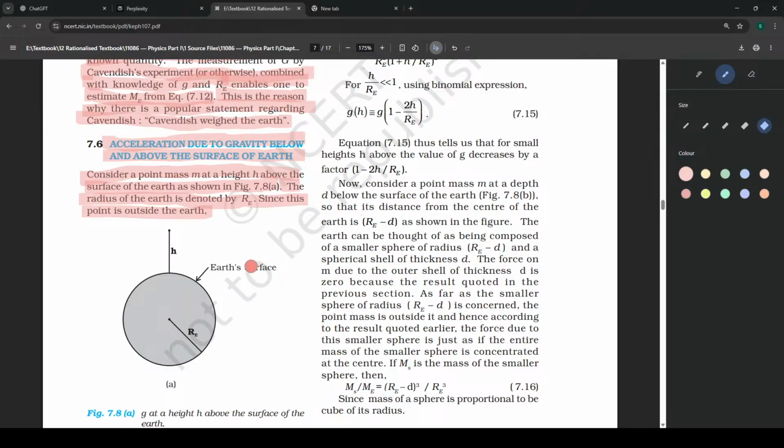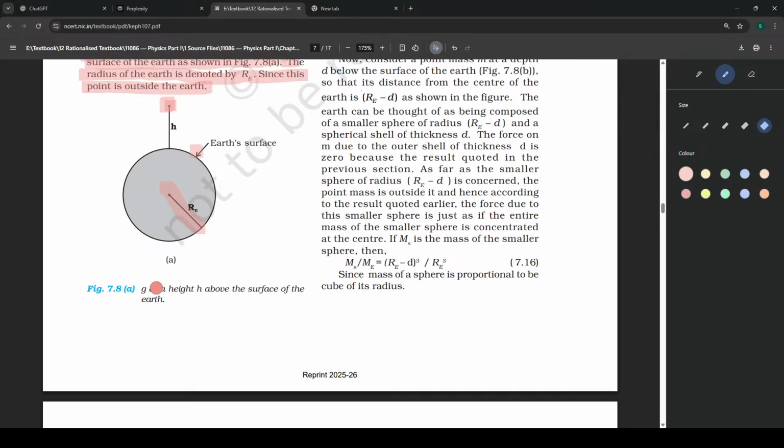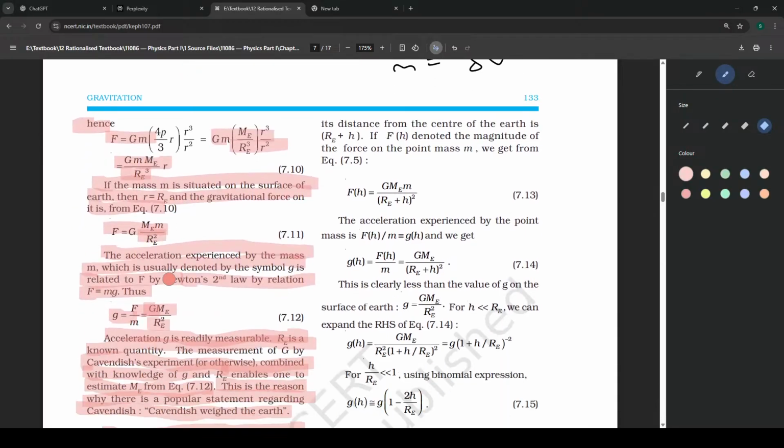Since this point is outside the Earth, here, this is the Earth's surface, this is a point above, this is the radius Re, this is the whole Earth. This is g at a height h above the surface of the Earth. Its distance from the center of the Earth, if we add up both the radius of Earth and the height, is Re plus h.